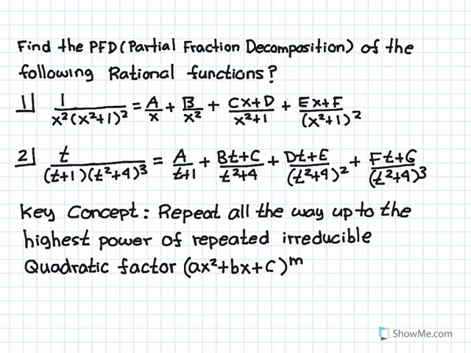The key concept is to repeat all the way up to the highest power of repeated irreducible quadratic factor ax squared plus bx plus c to the m. In this case, our m is 3.